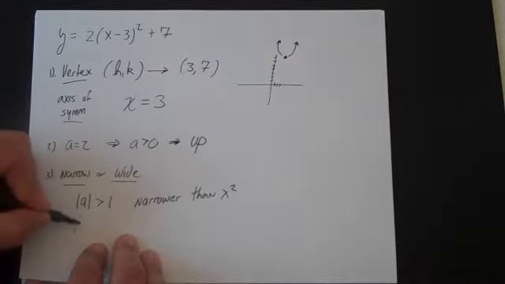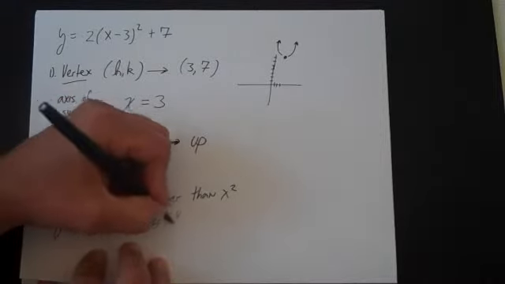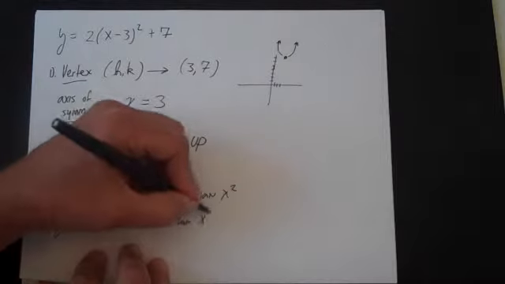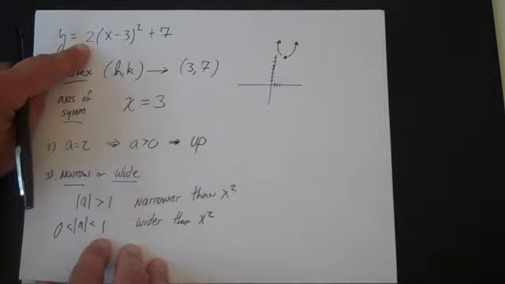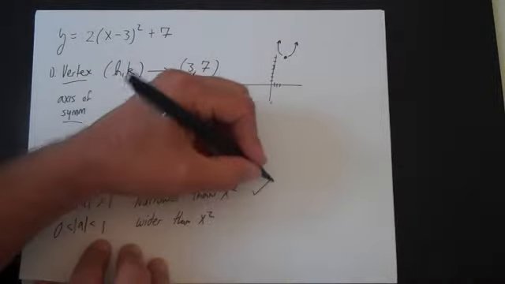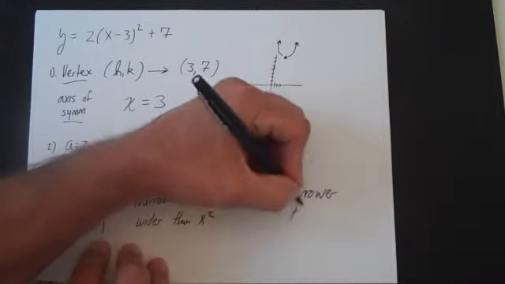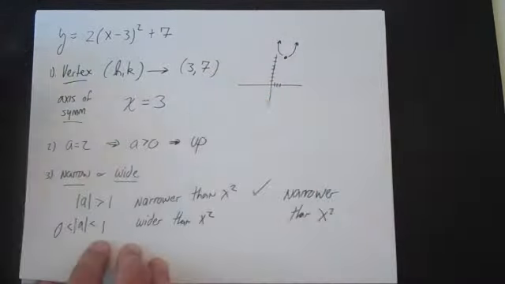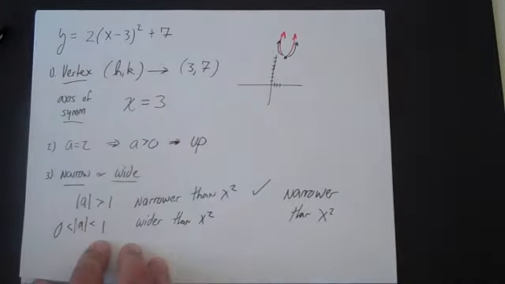And if the absolute value of a is between 0 and 1, then it's going to be wider than x squared. In this case, a is 2, so the absolute value of 2 is just 2, which is greater than 1, so this is going to be narrower than x squared. So maybe it doesn't quite look like that, maybe it's even a little narrower, maybe it looks something like that.